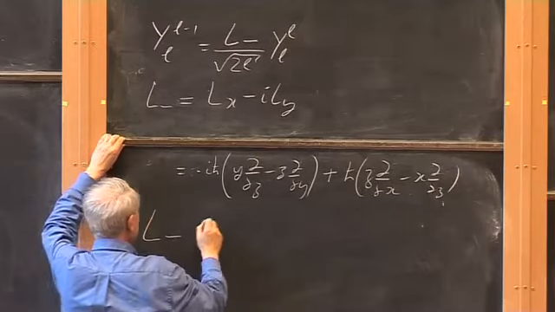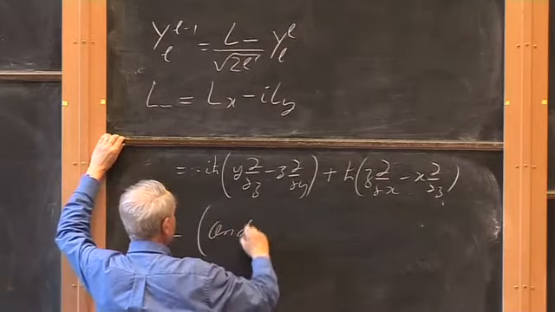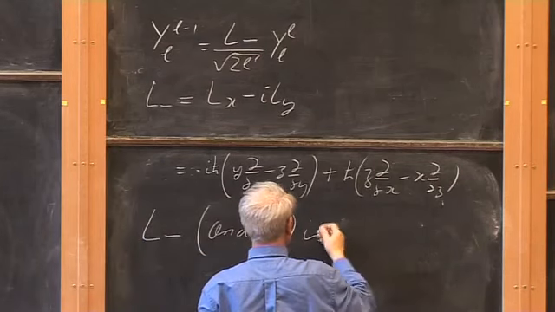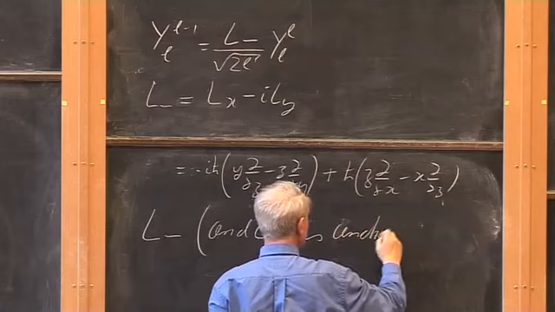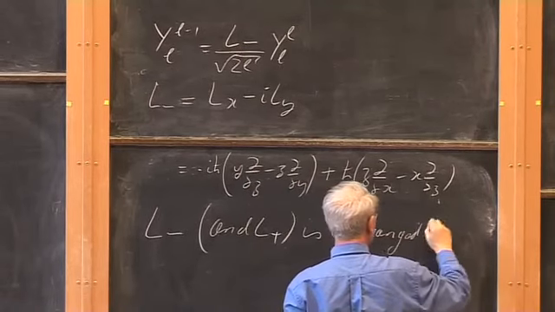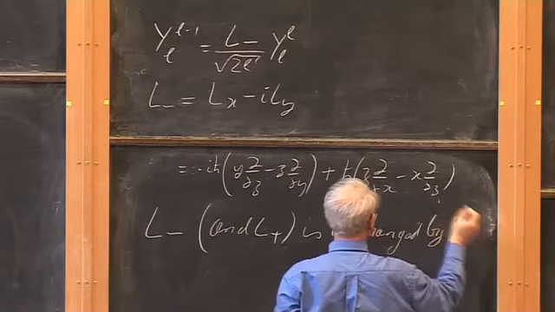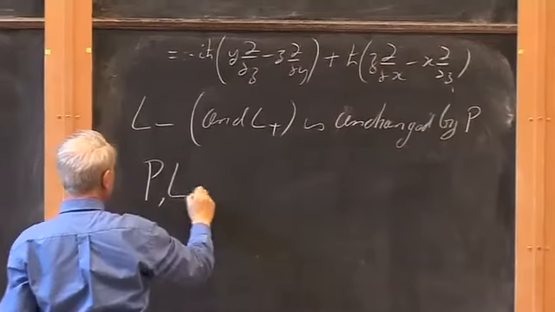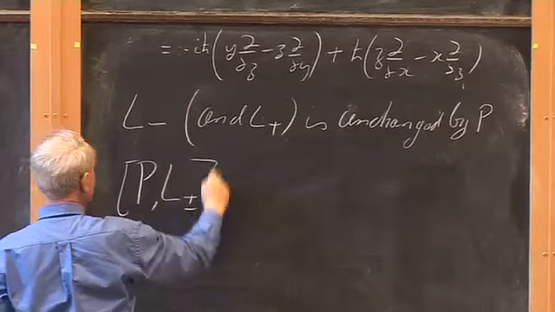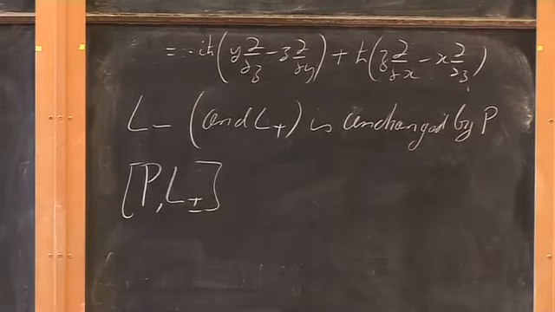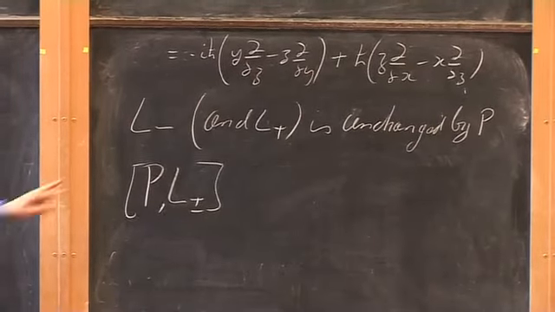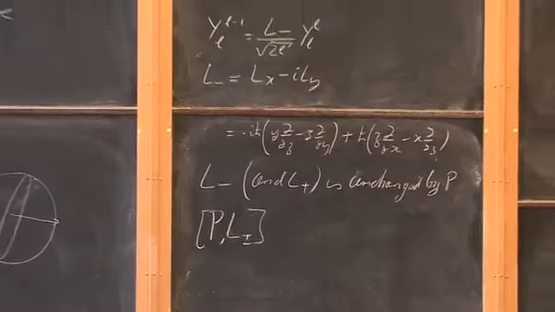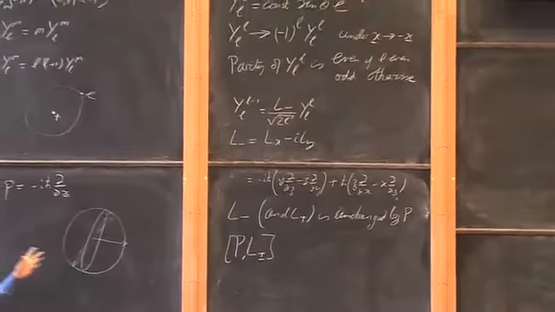So L minus, and also, as a matter of fact, L plus, is unchanged by P. The strict mathematical statement is that the parity operator commutes with either of these. Indeed, all the angular momentum operators commute with the parity operator, basically because they contain products of positions, or if you like, ratios of positions.